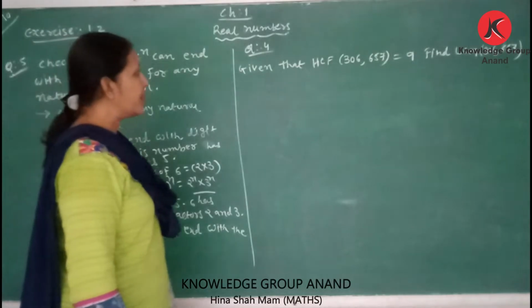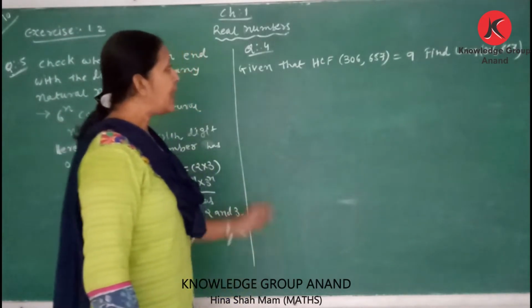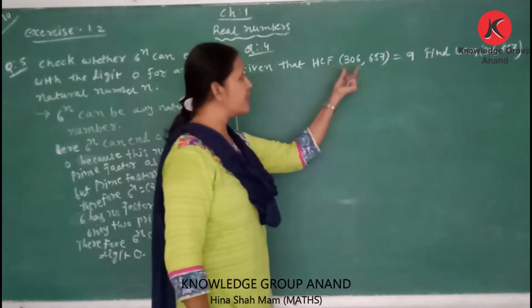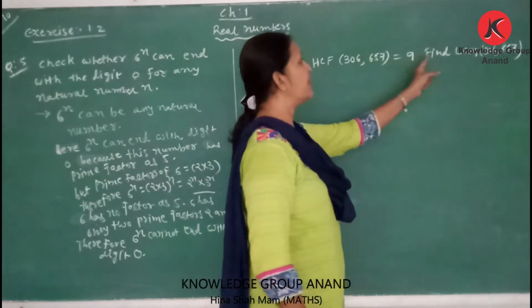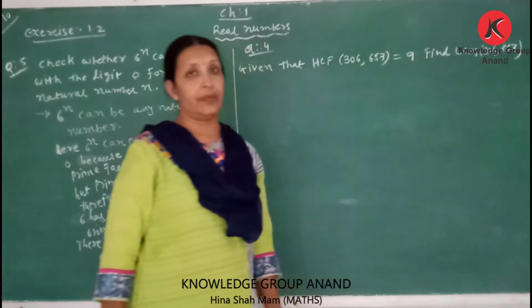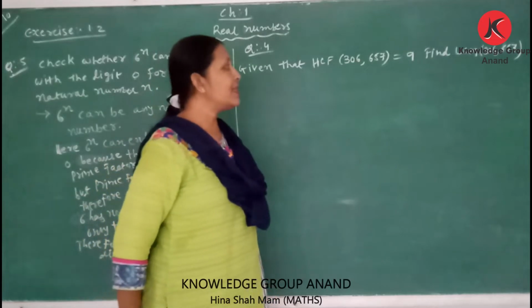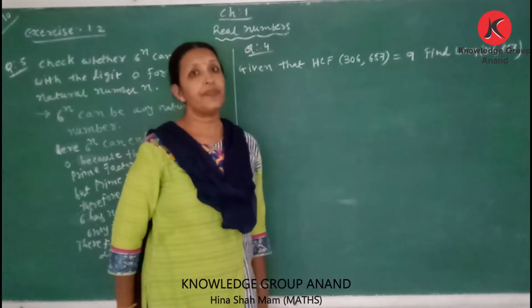Question number 4. Given that HCF of 306 and 657 is equal to 9, find LCM. Here we have given the HCF of 2 numbers.